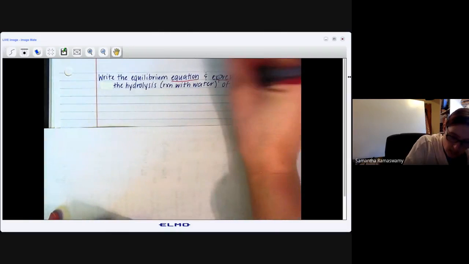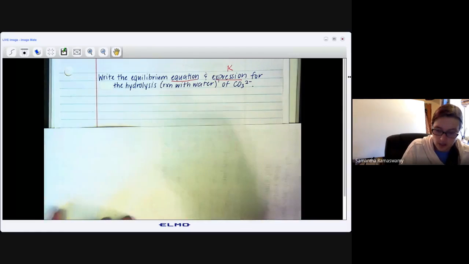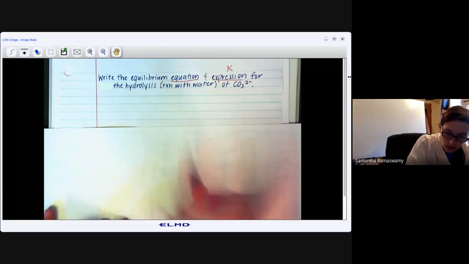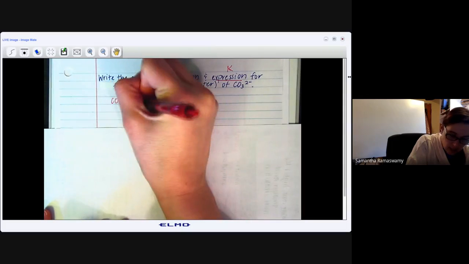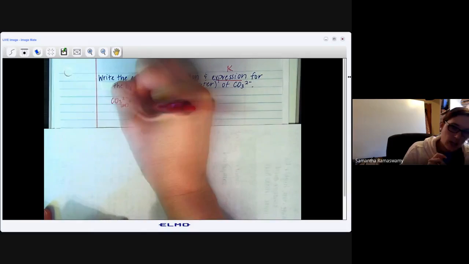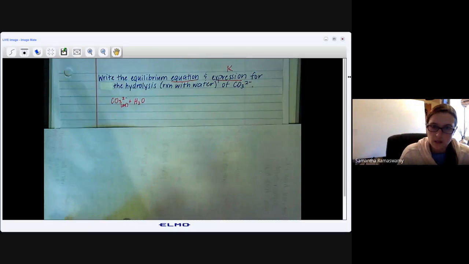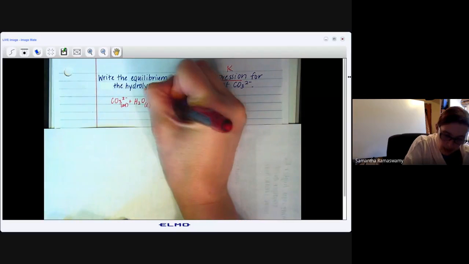The expression is going to be one of the K expressions. Equation means it wants us to show the reaction with water. So let's start by writing the reaction. CO3 2- plus H2O. I know that CO3 2- is aqueous because ions are always aqueous. Water's a liquid. It's at equilibrium, so I know there's a double arrow.